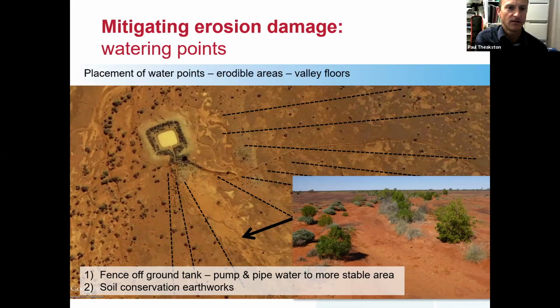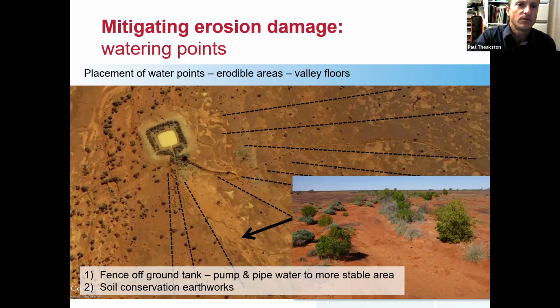And invariably there'll have to be some type of soil conservation earthworks. Again, it'll be unique to each situation. But placing water points in valley floors is a spot that can be really easily overcome with erosion.